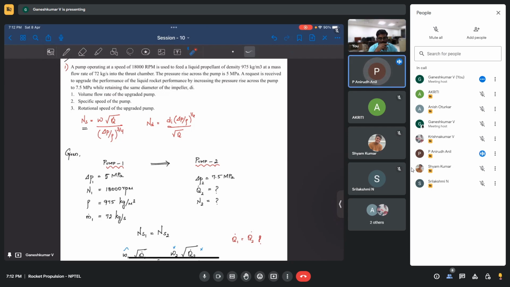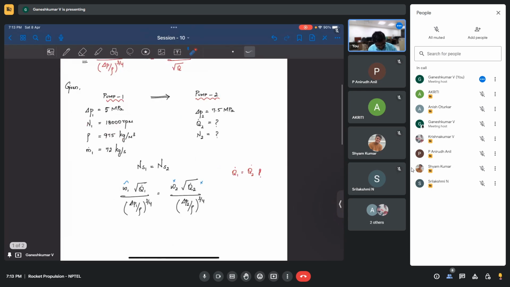I guess we can use that ND equals D delta P upon rho equation. Exactly. Because here we are not changing pumps, ND is going to be the same for both pumps. And now we also imposed another condition that D is the same. So let's try it, so you will be clear.